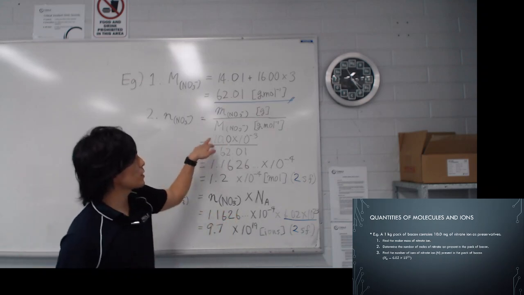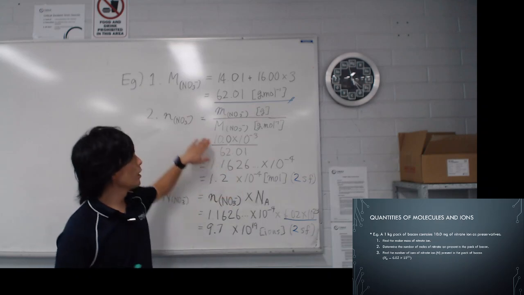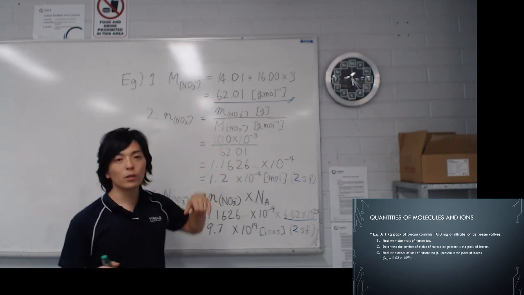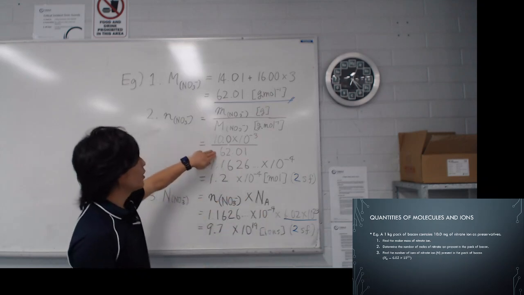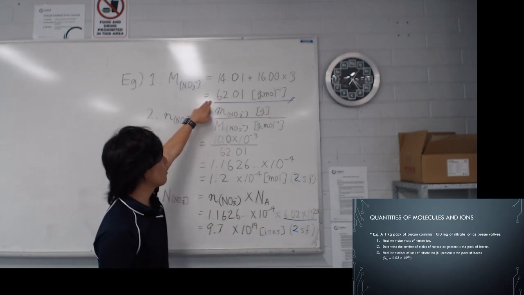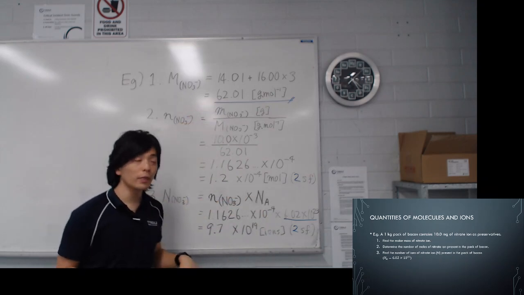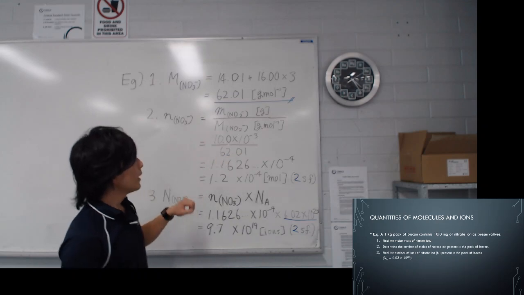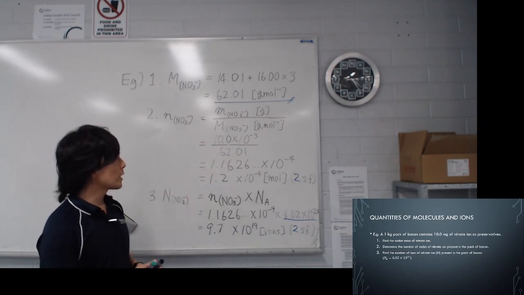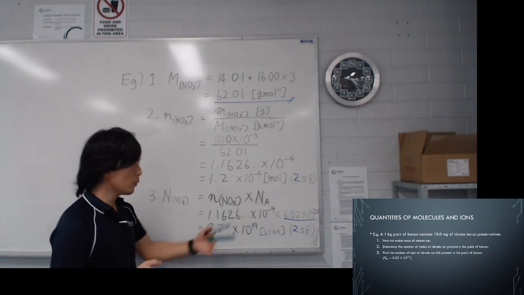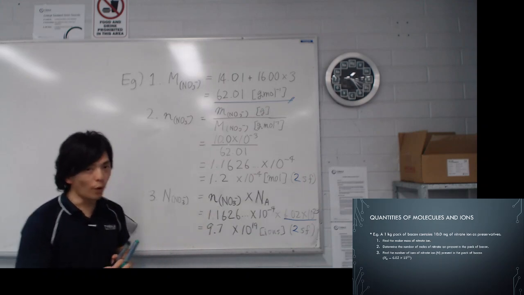So you have to firstly convert that into grams: 10.0 times 10 to the power of -3 makes milligrams into grams. Divide by what you have calculated before, 62.01 grams per mole. If you do the calculation, you get 1.1626 times 10 to the power of negative 4.